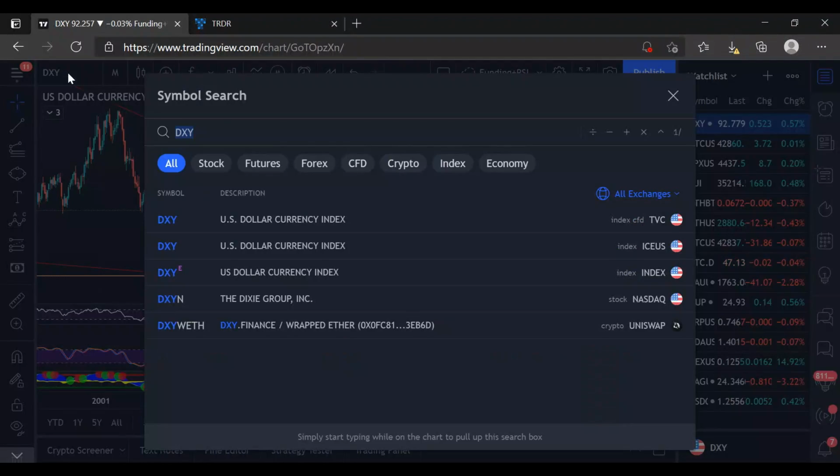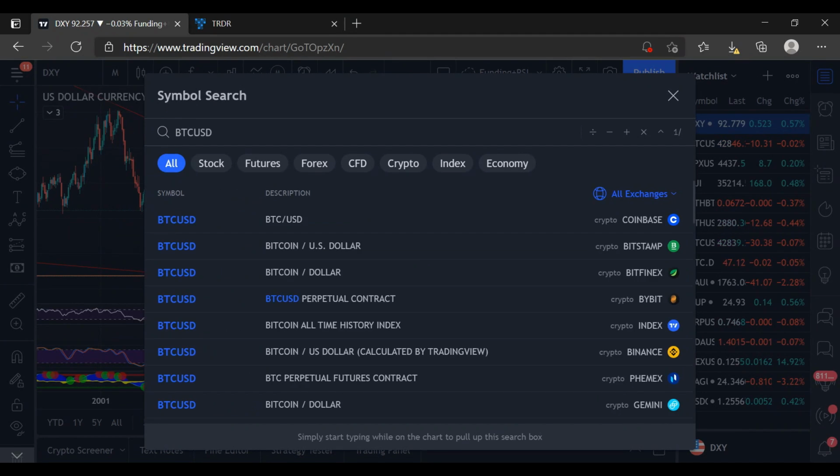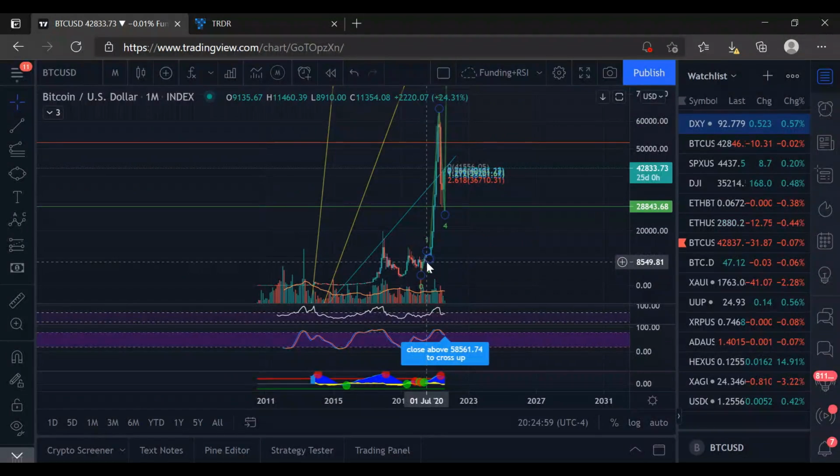Nobody knows, but BTC USD. Come on. I'll show you a chart that I'm kind of tracking and what I'm looking at. Index? I don't know if I have it on the index or not. Yeah, I do. Okay.